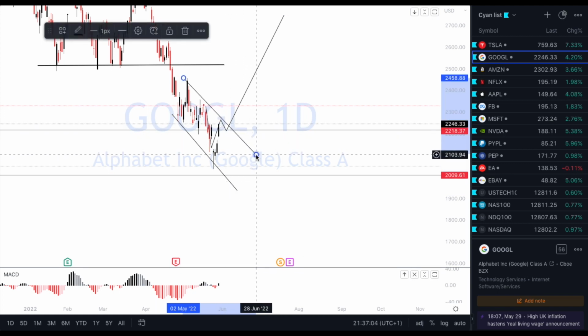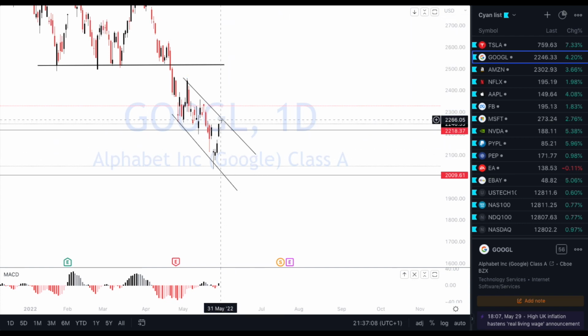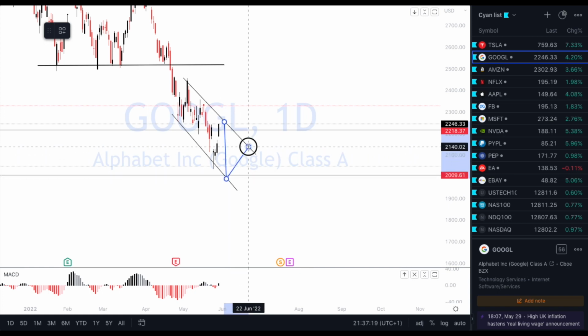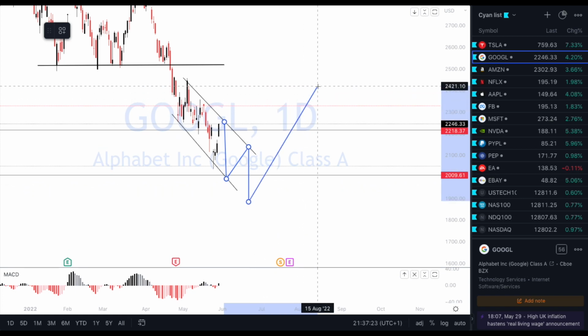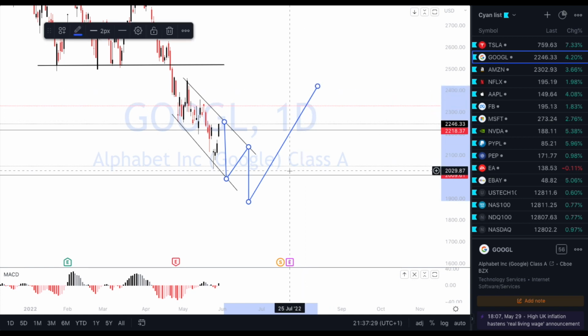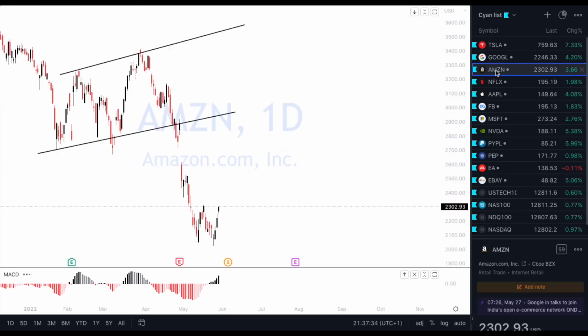It could, but I don't think it's going to. I think it's going to be doing something along the lines of this for a little bit: come down here and then go back up again, and then maybe come back down again, and then maybe push back up. That is what I'm thinking Google might do, but we'll see in the coming days and weeks if Google actually does that, right?